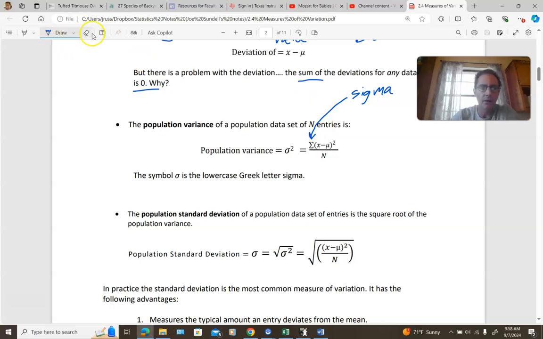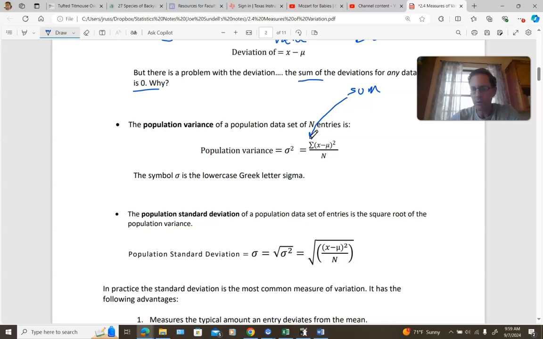No, I'm wrong about that. That's actually a different Greek letter. It may be capital sigma. I can't remember. But the thing to remember is that it represents a sum. So we'll be seeing this symbol throughout the course a lot. Okay, and remember, sum refers to addition.